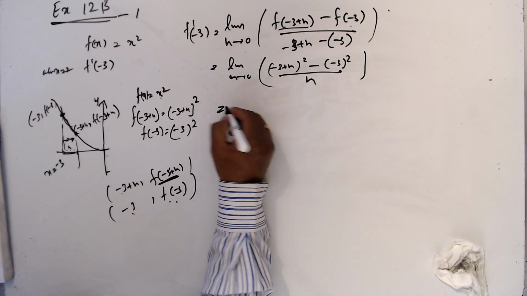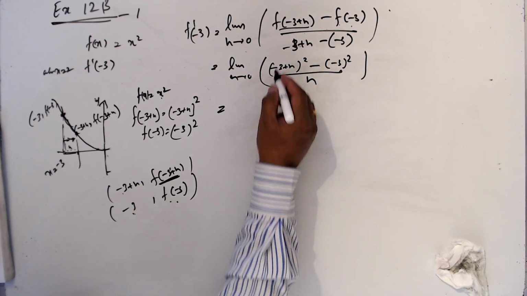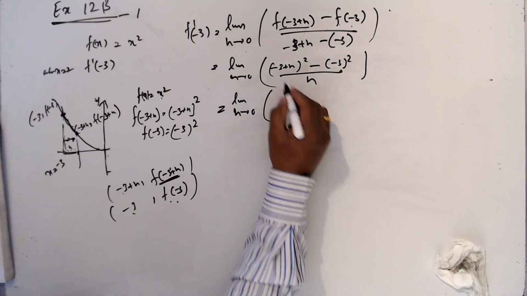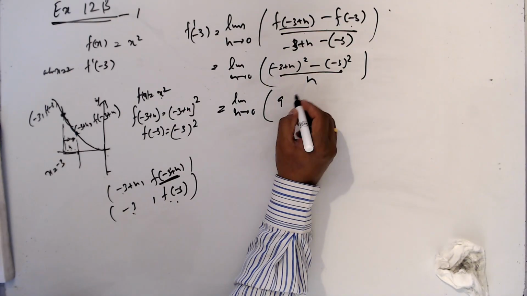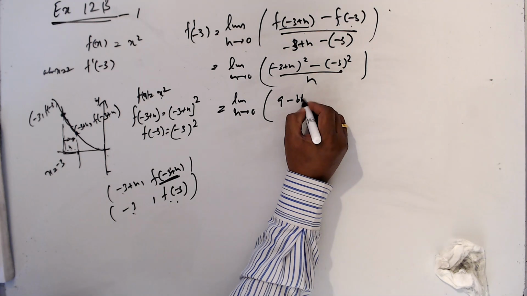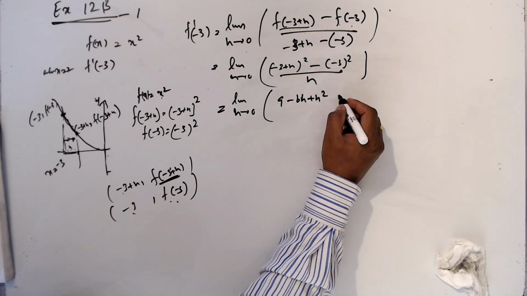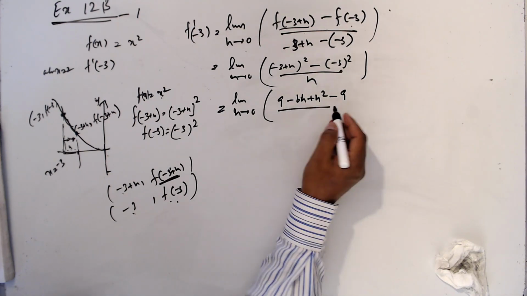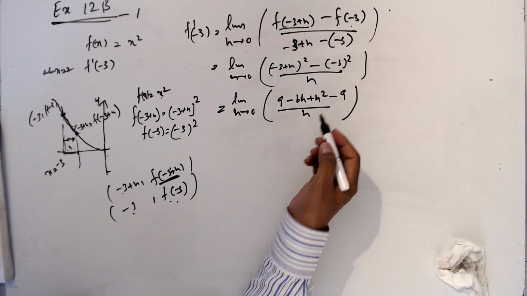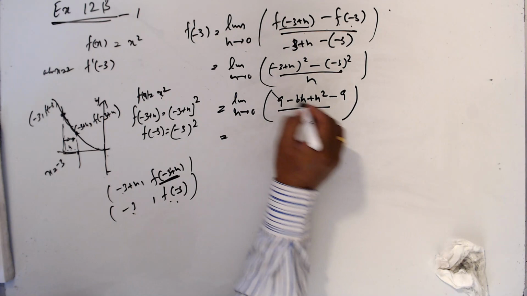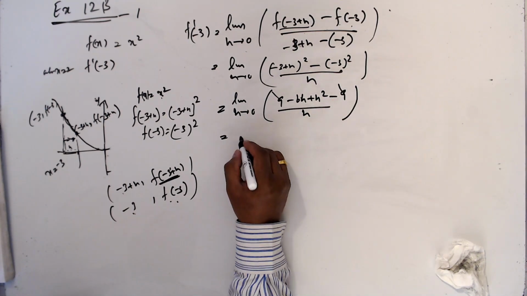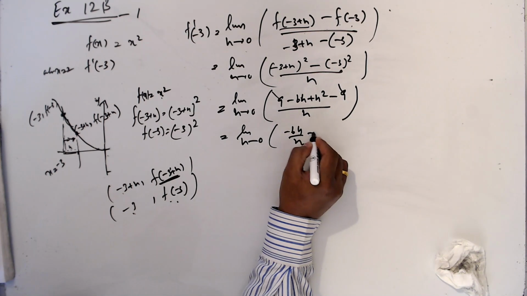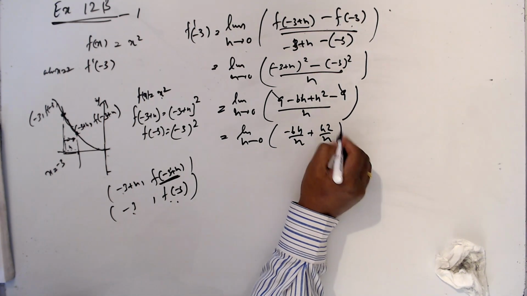Now we'll expand this one. Limit h goes to 0, (minus 3) squared is 9, minus 6h plus h squared, minus 9, over h. This cancels out, and limit h goes to 0, minus 6h over h and h squared over h.